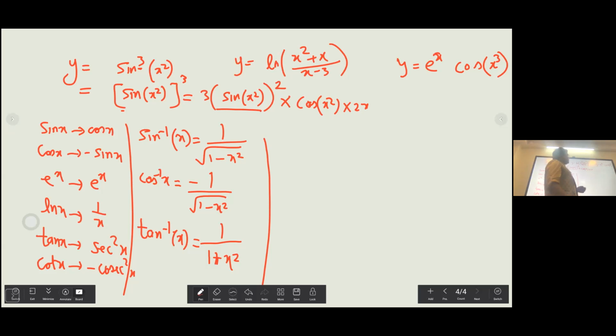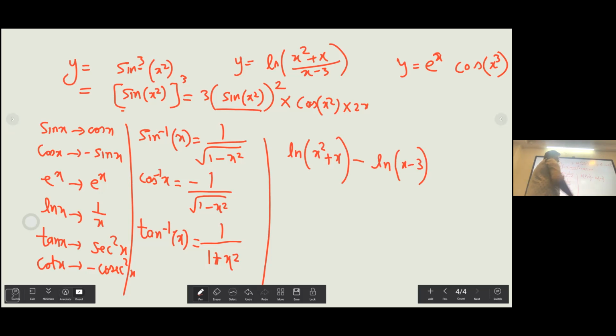The next part is the derivative of ln of (x squared plus x) upon (x minus 3). When differentiating this, lots of people tend to work directly on the function. First you modify it as ln of (x squared plus x) minus ln of (x minus 3).